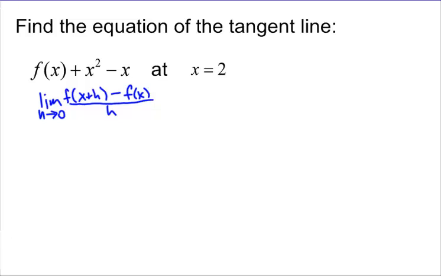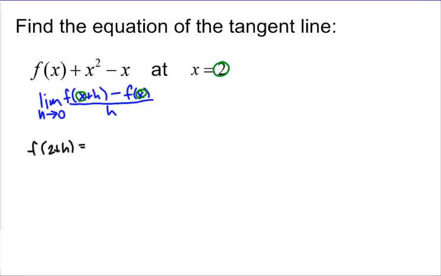Okay? And then they tell us that x is 2, so that can go in here. And so what we're going to look for then is f of 2 plus h. What does that look like?